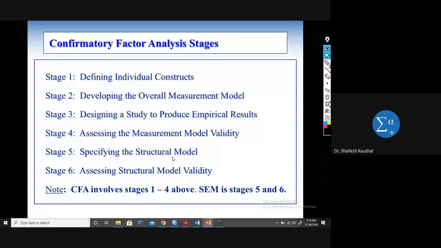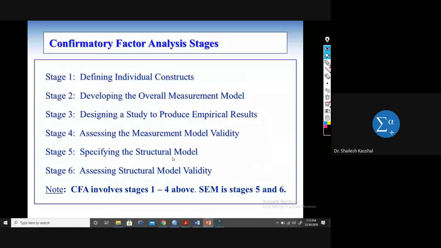First, define individual constructs, develop the measurement model, design a study to produce empirical results, assess the measurement model validity, specify the structural model, and assess the structural model validity. One by one I am explaining. Anyone who earlier did not use confirmatory factor analysis can now use confirmatory factor analysis and structural equation modeling.